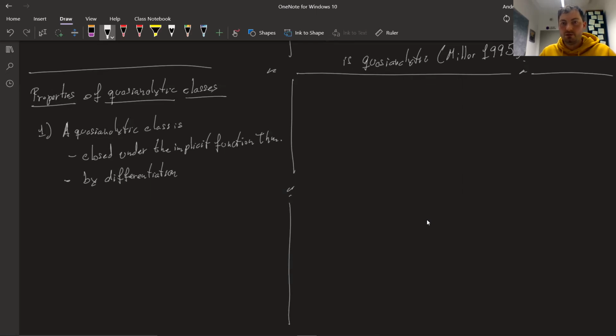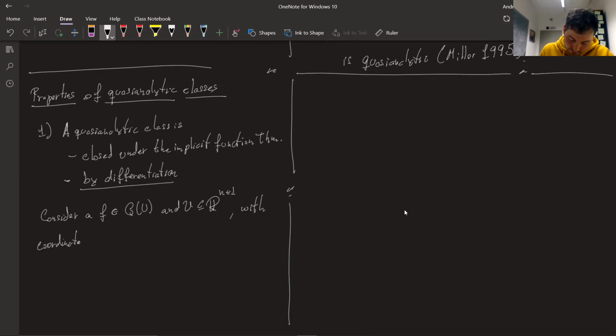Maybe to see just one little proof in this last 5 minutes, how do we prove that it's going to be closed by differentiation? Well, it's kind of simple. Consider a function f, which is in Q of U, where U is contained in R^(n+1) with coordinates (x, y) given by x1, ..., xn, y.